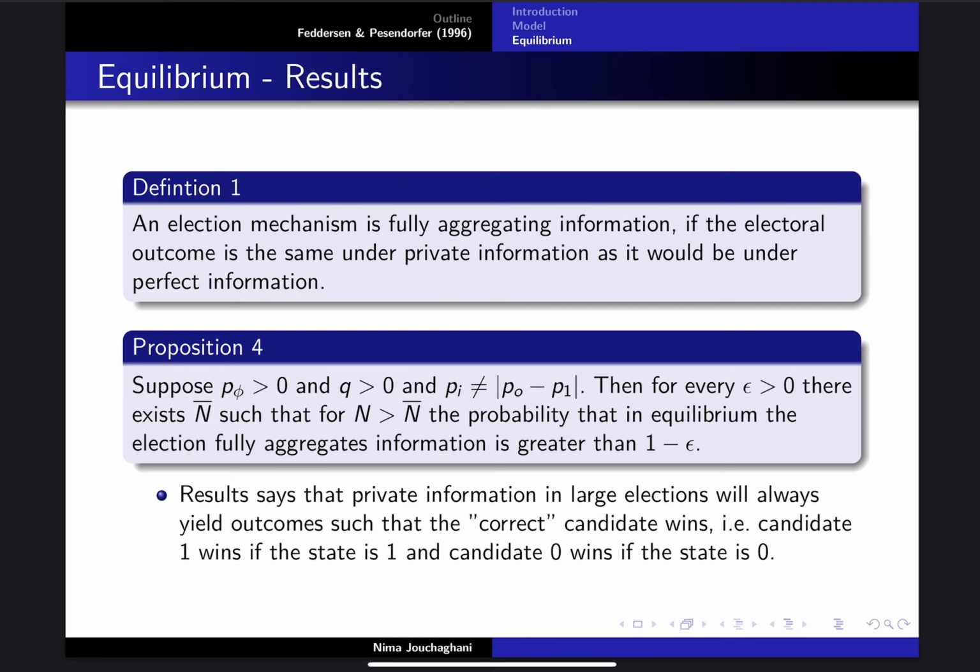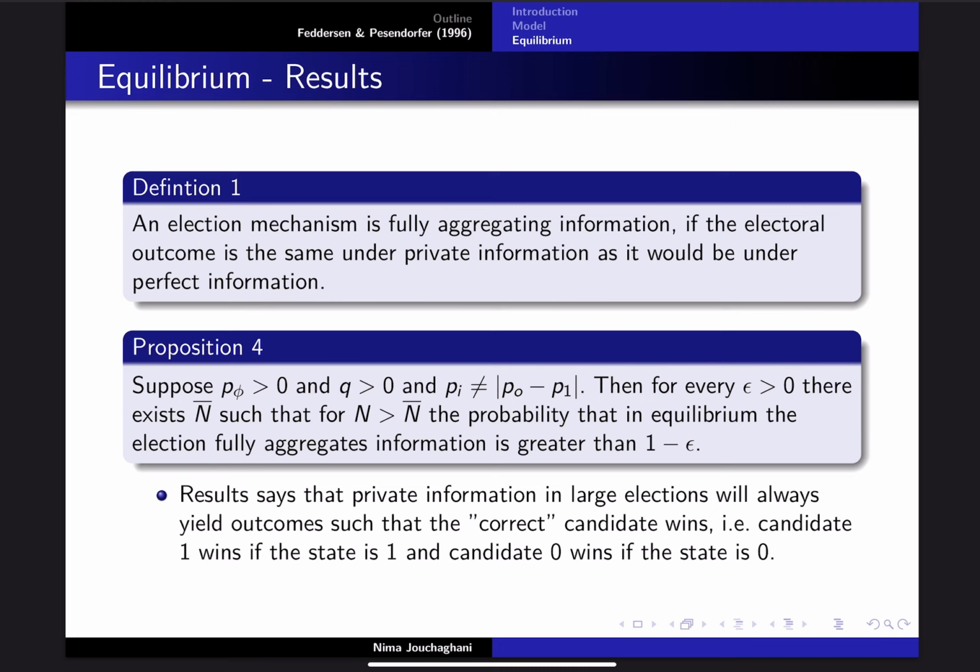We're saying that an election mechanism which has uncertainty is fully aggregating information if it yields the same outcome as a perfect information election. This is perceived to be something good. You could think of it like this: if you are fully aggregating information, it means that you minimize the amount of mistakes or wrong votes which are made in this model.